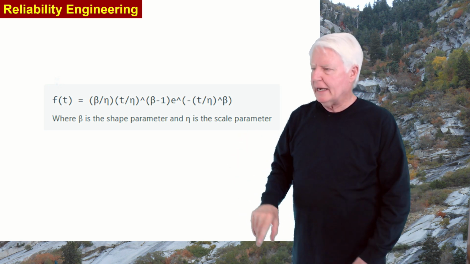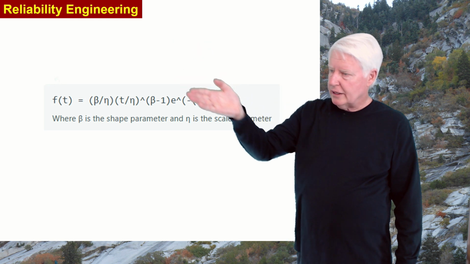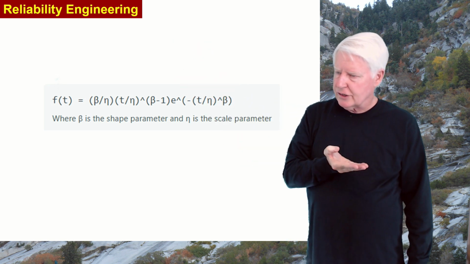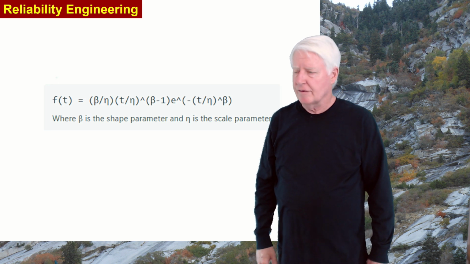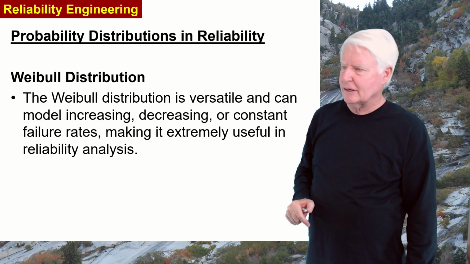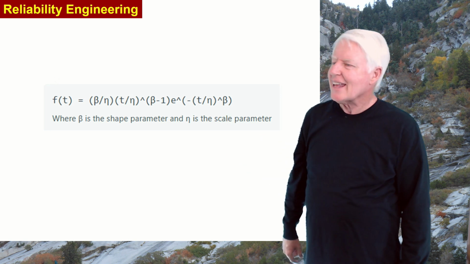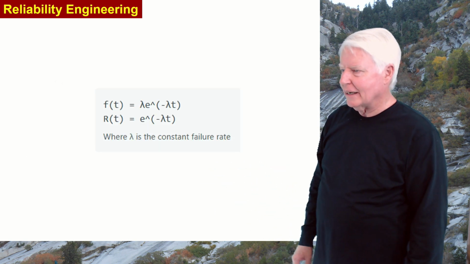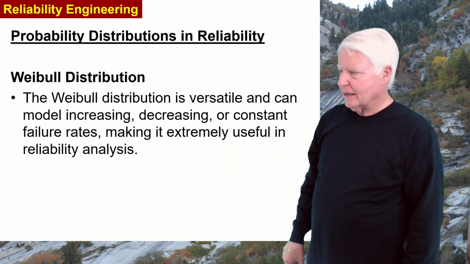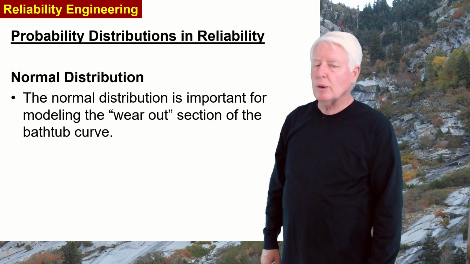And by manipulating those, you can model decreasing failure rate over time, constant failure rate over time, and increasing failure rate over time. It's a very powerful formula, but not nearly as user-friendly. Look at that formula versus this one, okay? And so oftentimes when we're at that constant failure rate, we like to use this equation here versus the more difficult one here. But it is a very important distribution.